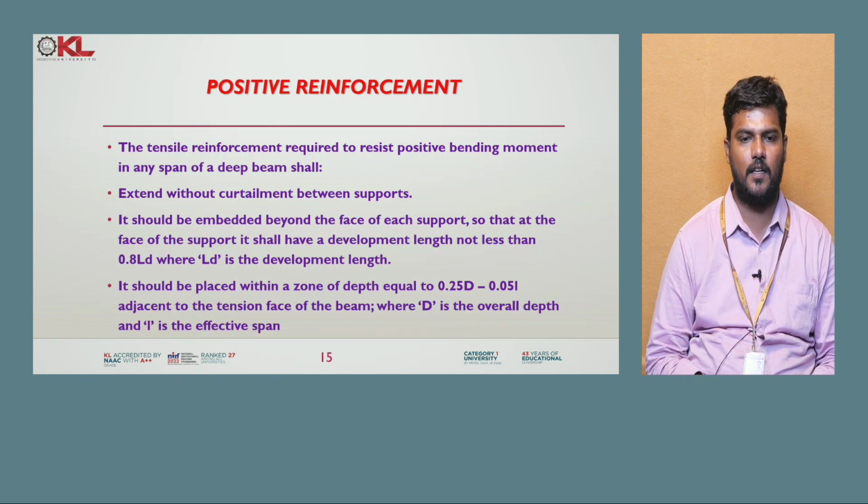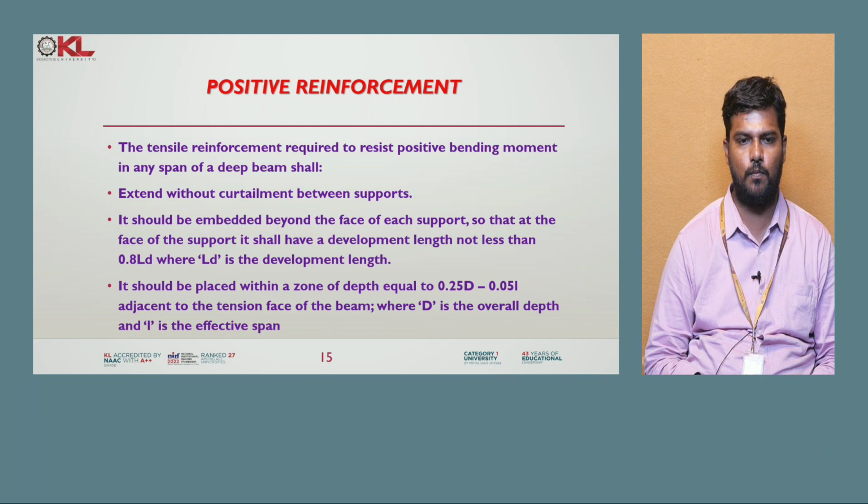And coming to the next one, what is meant by positive reinforcement. The tensile reinforcement required to resist positive bending moment in any span of a deep beam shall have the following characteristics. First, it should extend without curtailment between the supports.